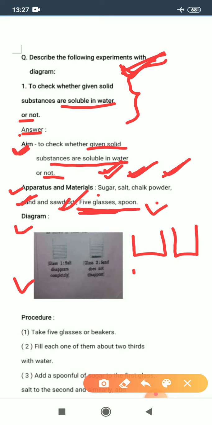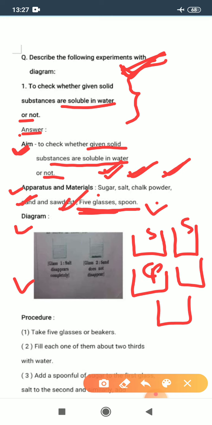That is why you need to draw 5 different types of beaker. So in first beaker you need to take sugar, in second beaker you need to add salt, in third beaker you need to add chalk powder, in fourth sand, and in last beaker you need to add sawdust.